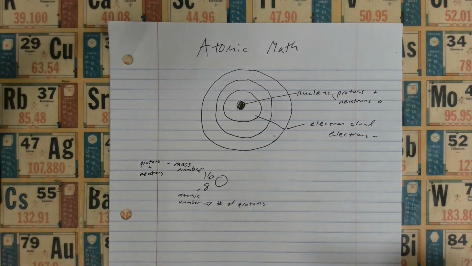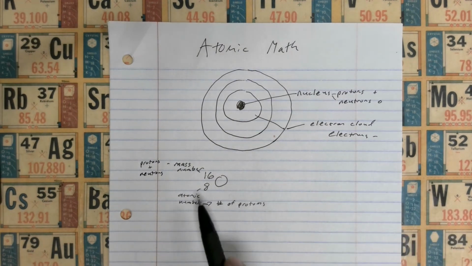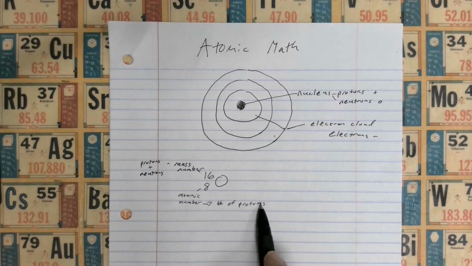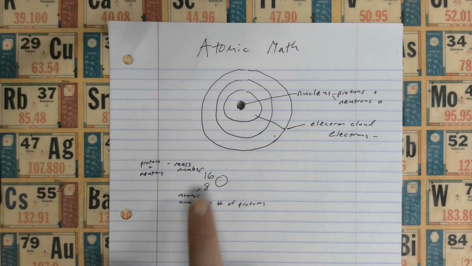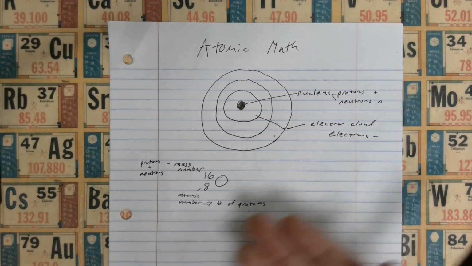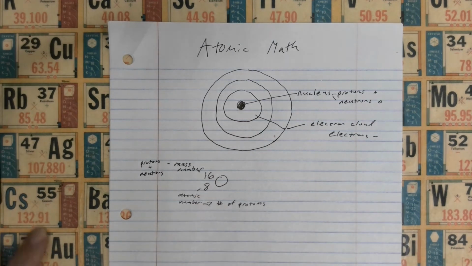So if I know that oxygen has an atomic number of 8, then it has 8 protons. Every oxygen atom in the whole universe has 8 protons, and that's how we identify elements.